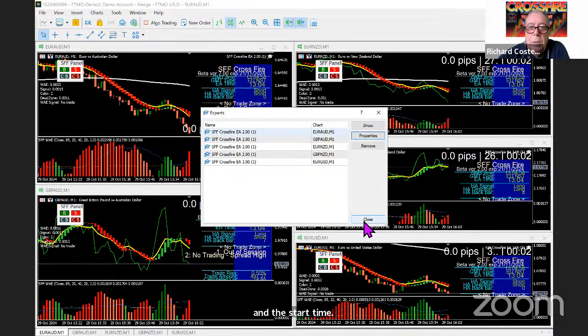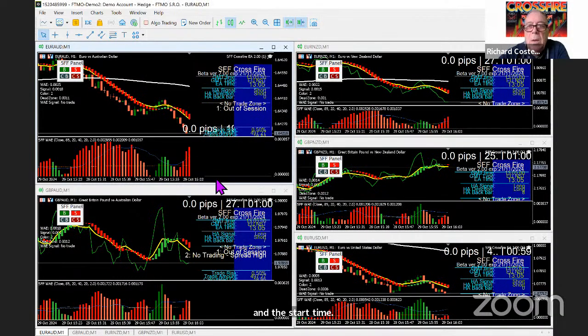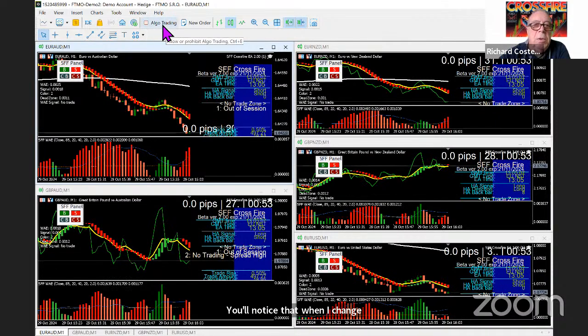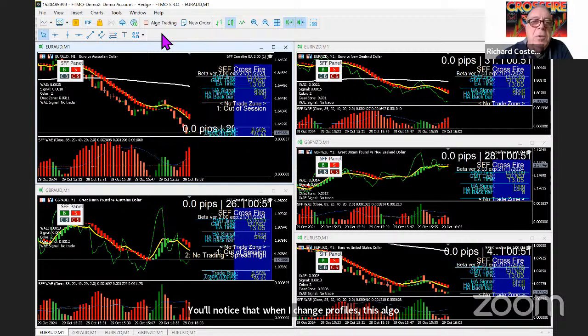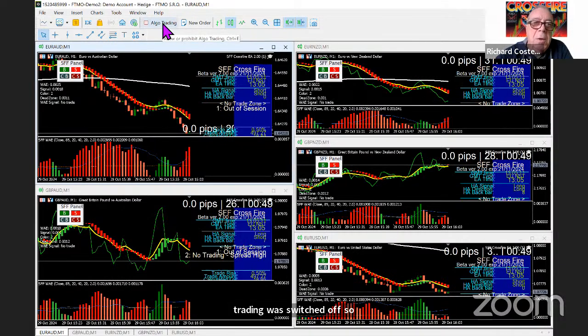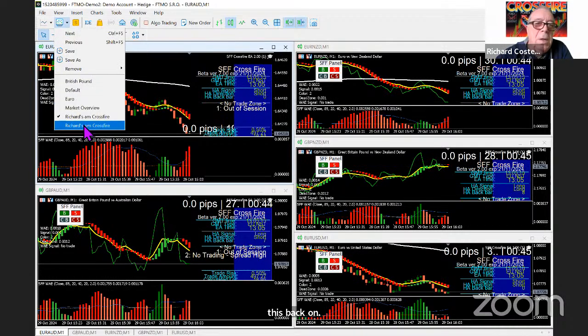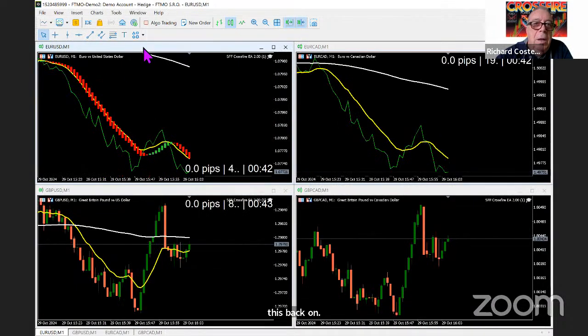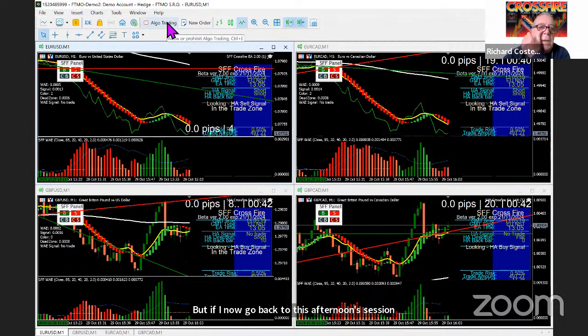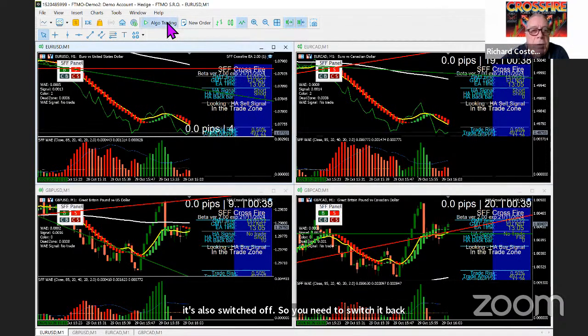So close that. You'll notice that when I changed profiles, algo trading was switched off. So when I start trading in the morning, I'll need to switch this back on. But if I now go back to this afternoon session, it's also switched off. So you need to switch it back on again if you want to take trades.